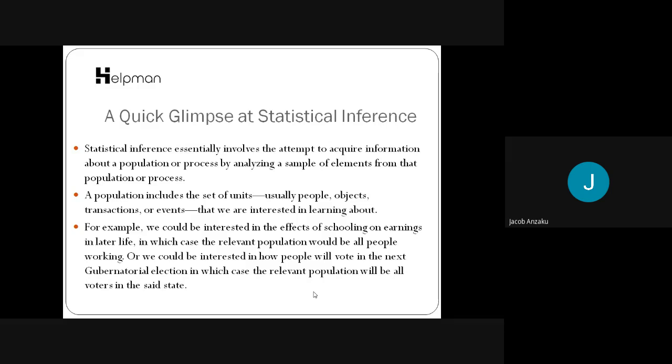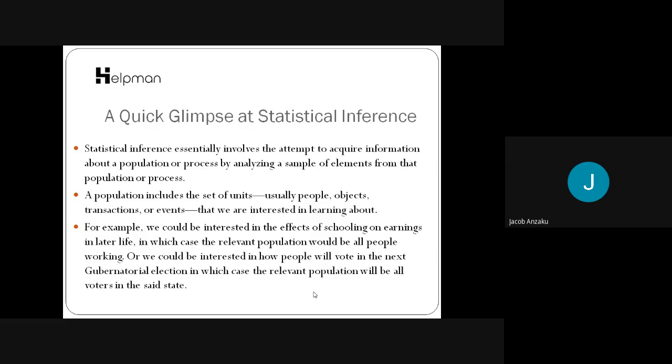Now, a population includes the set of units, usually people, objects, transactions, or events, which we are interested in learning about. For instance, we could be interested in the effects of schooling on earnings later in life, which means we want to know whether, if you have gone to school and you have a BSc or an MSc or a PhD, it will tell how much you can earn after the degree.